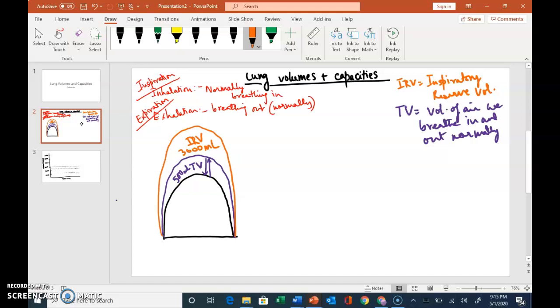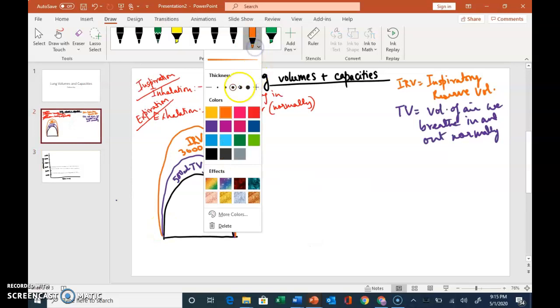Now do one thing. Take a deep breath in and then try to force out air from your lungs. So you take a deep breath in like this and then try to force out the air from your lungs. So you are forcing even more air out, right? You are forcing out a lot now.